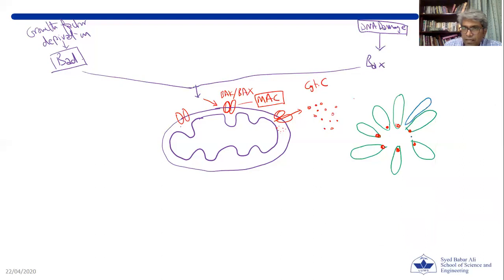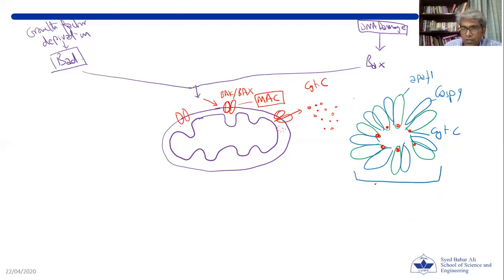So you have caspase 9, caspase 9, caspase 9, and so on. So this is APAF1, this is caspase 9, and this is cytochrome C. This complex, which has 7 proteins of each, is called the apoptosome. What your apoptosome does is cause the cleavage of caspase 9. So your caspase 9 actually becomes active.